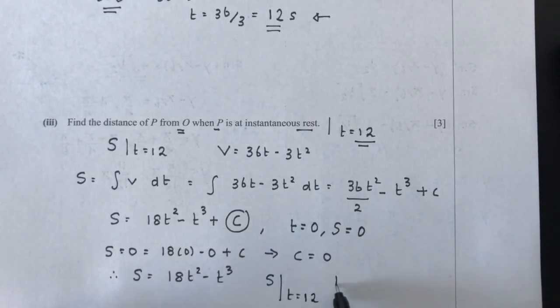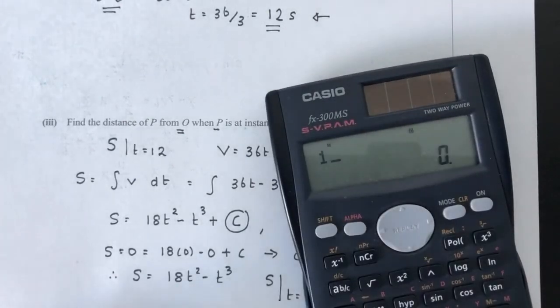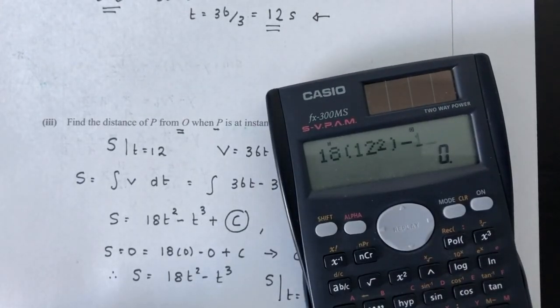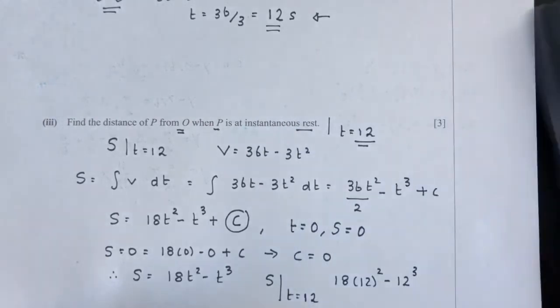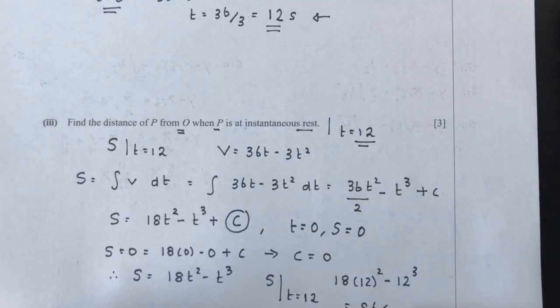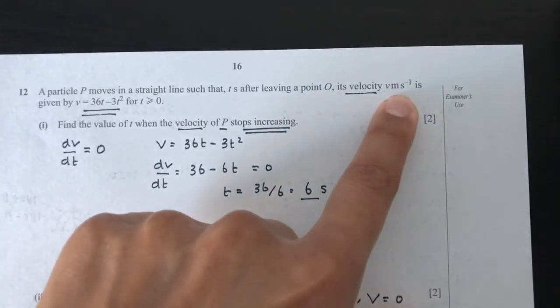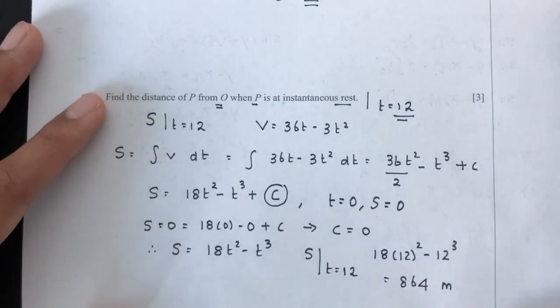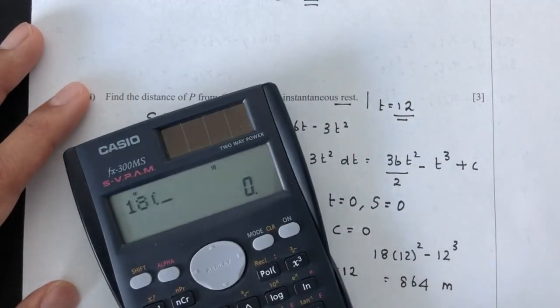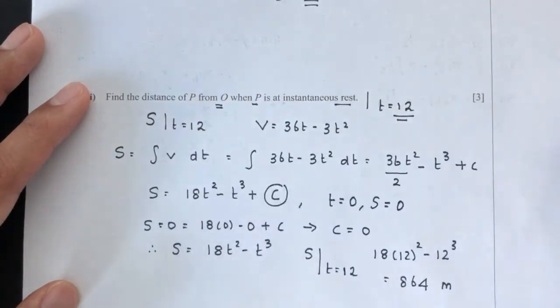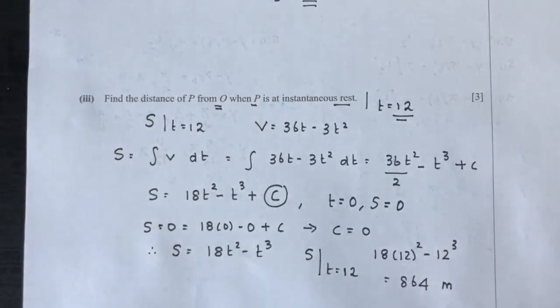That will give you 18 times 12 squared minus 12 cubed, which will be 864, and that will be in terms of meters, because you can see the speed has been given to you by meters per second, so you know it has to be meters as well. Let's double check. 18 times 144 minus 12 cubed. Yep, same value. So that is your answer for part 3.